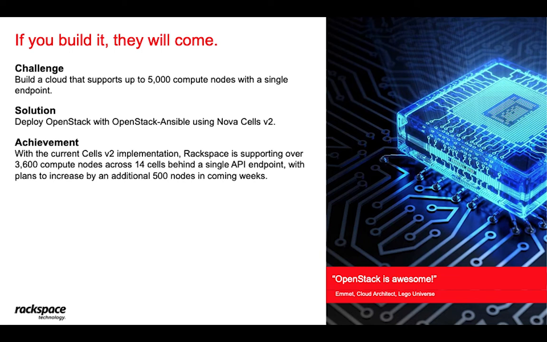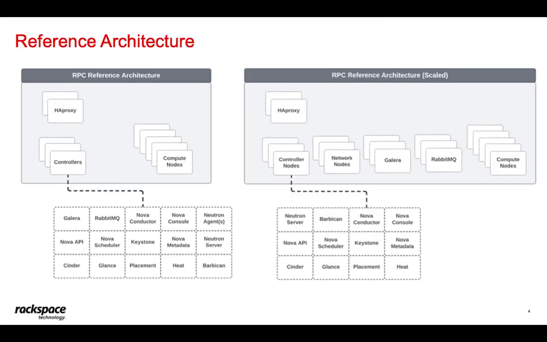What we have here on the left is what we call a standard OpenStack reference architecture. RPC stands for Rackspace Private Cloud. This is what we stamp out using OpenStack Ansible as a deployment tool.